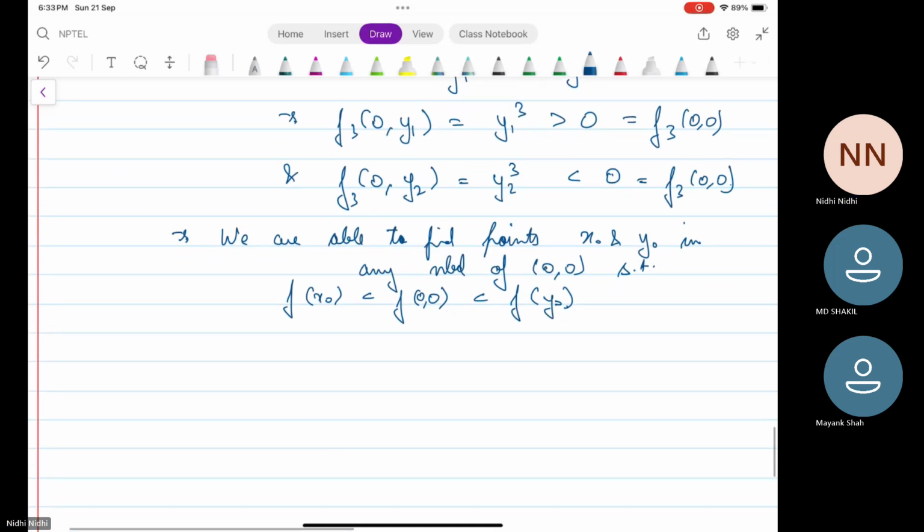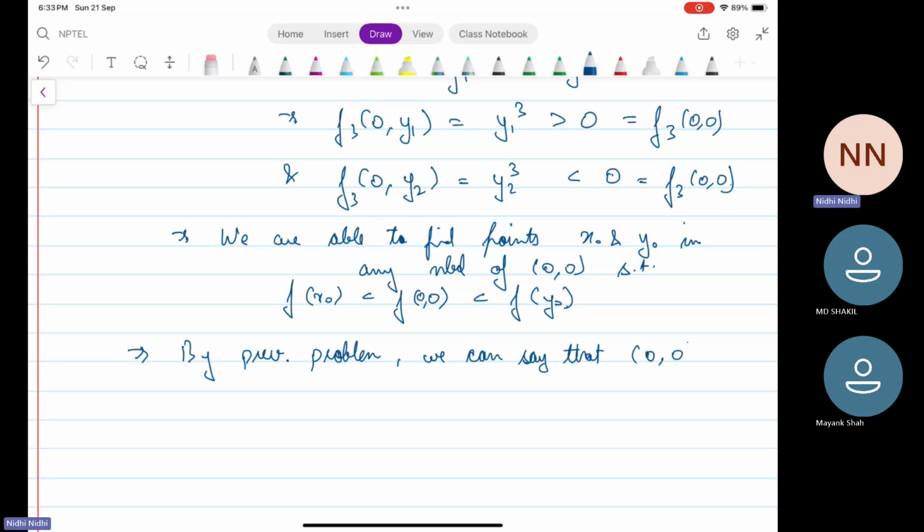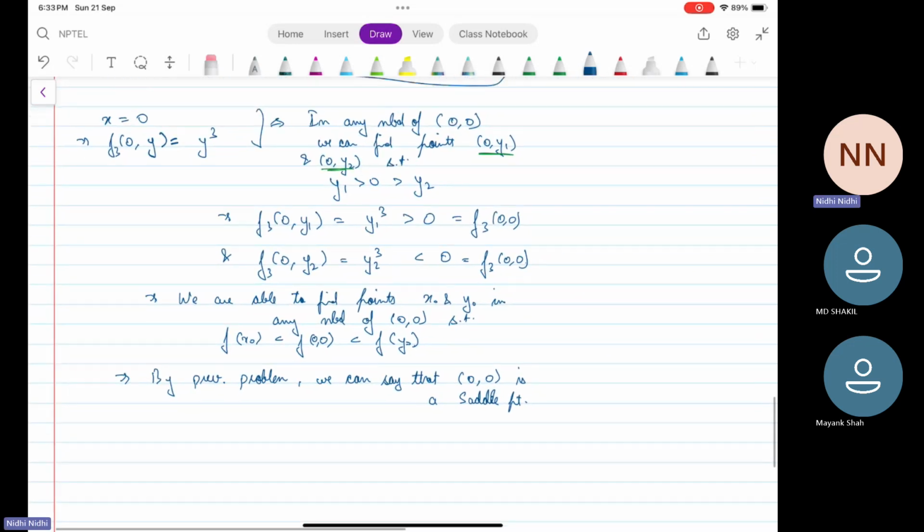Therefore, by the previous problem, we can say that since origin is a critical point and we are able to find such points, it is a saddle point.